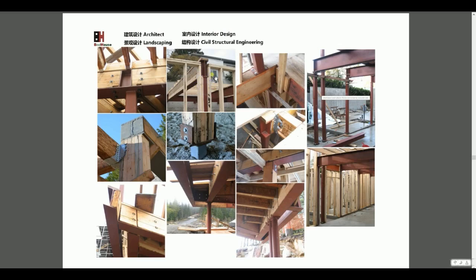So the joist, the wood beam to connect to the steel beam is hard. So we add some plate here inside the steel. So it looks like the steel beam is a wood beam. So they can connect to the floor joist easily.